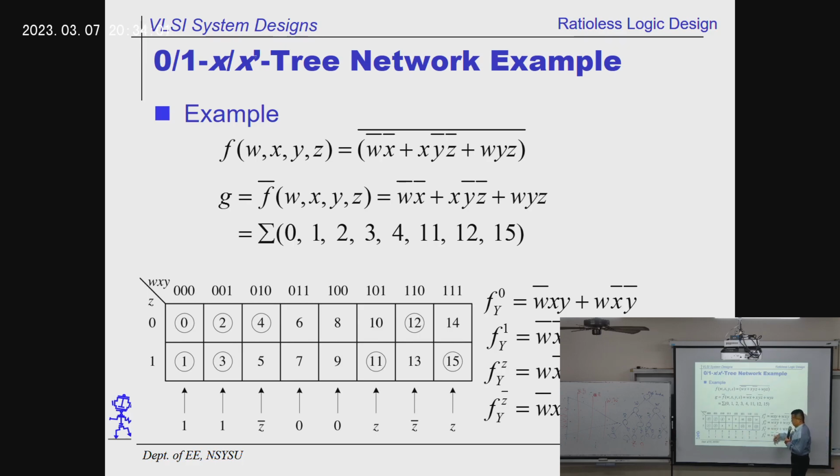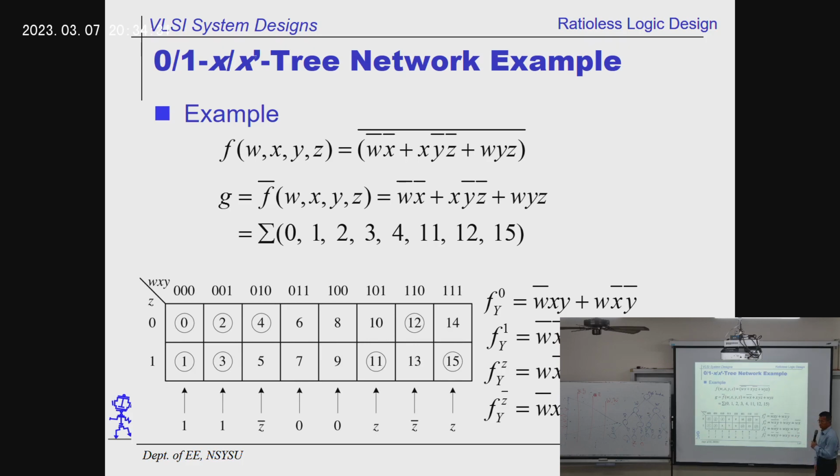And for the Z, how many terms do we have? We have these two terms, 101, 101, and this one is 111 over here. Again, we use basic Boolean manipulation. We just take X bar and X away, and merge them together to become this one. The last one is Z bar. We have this term and that one. So these are the two terms, and we can combine them together similarly to have X bar.